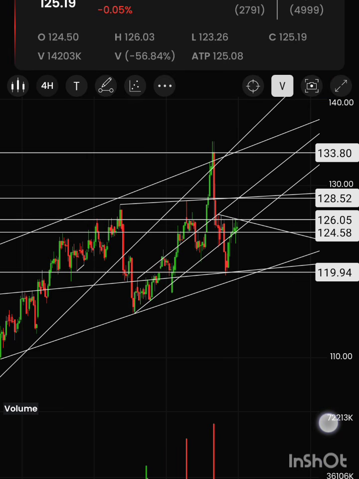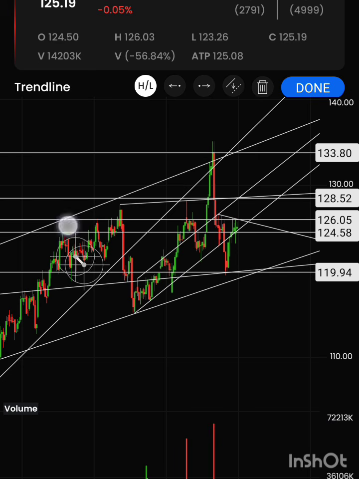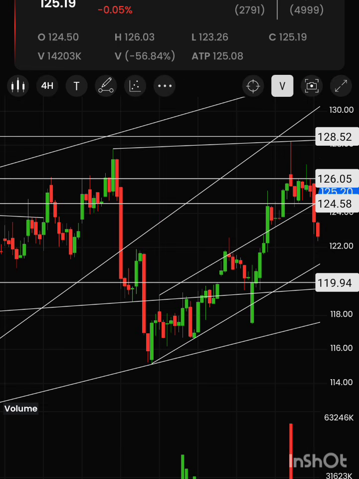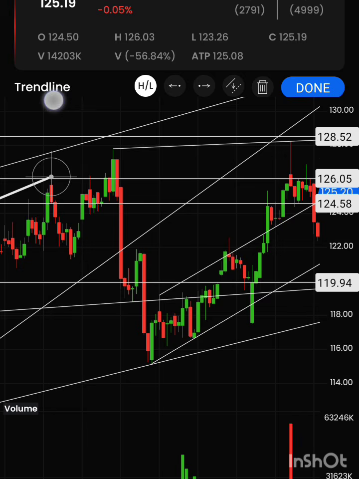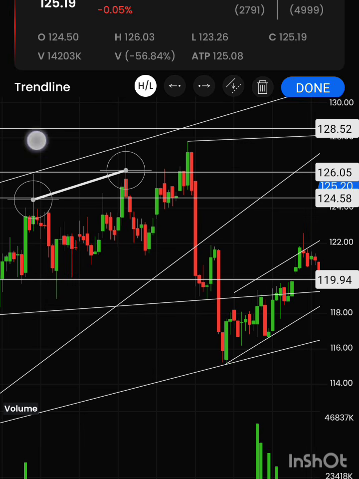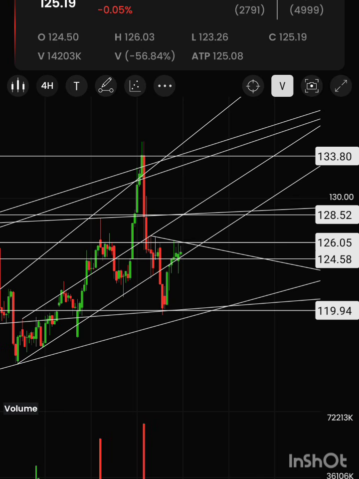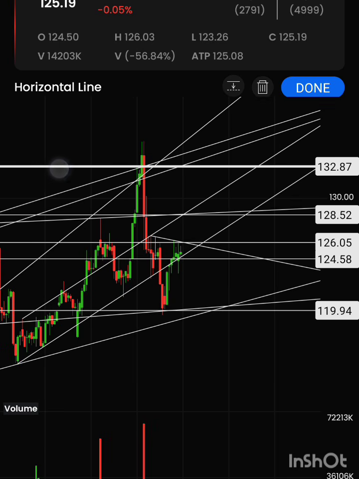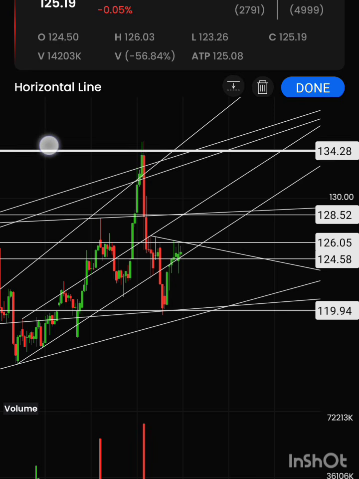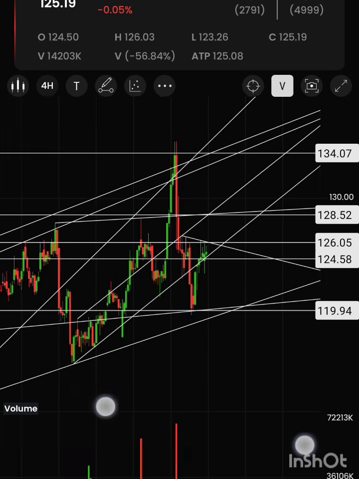Around 130 and something more above this, that can be, just 1 minute. Yeah, so it can move towards here around 132 to 134 range.